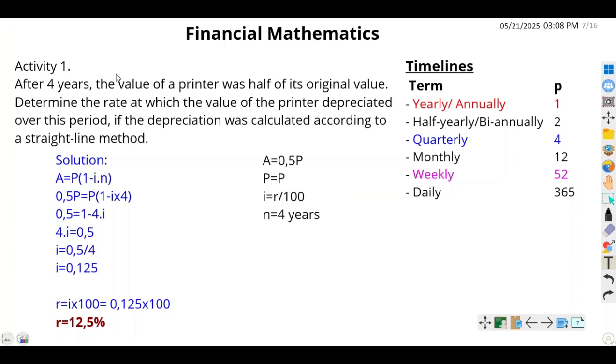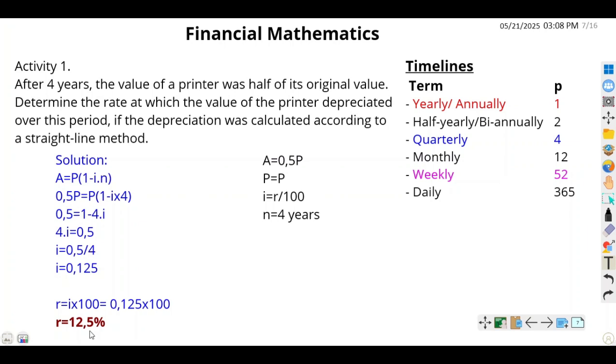So this means that if the printer had an original value of P and was depreciating at 12.5% using straight line method, after 4 years the value is 0.5P, half of what it was. So that is based on this 12.5%.